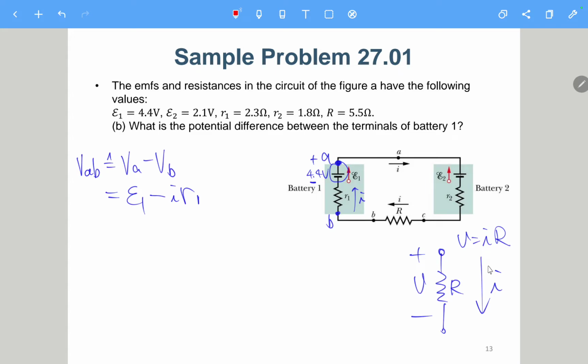For the resistor, I points to this side, and this node has a higher potential than the bottom node. In this case, I is pointing upward, so this is positive, this is negative. When you consider the potential difference from A to B, this is negative, so we should subtract IR1.